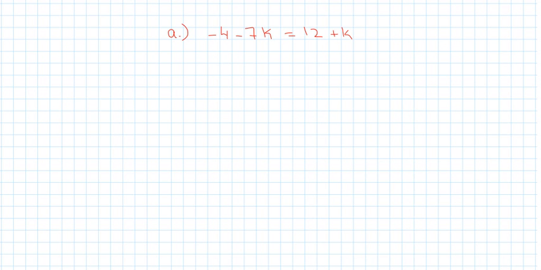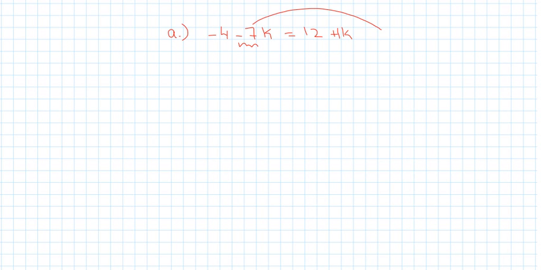Doesn't matter, right? What I usually like is to look at the coefficient, and the one with the higher value, I move them toward it. Okay? So in this case, I have a -7, and in this case, I have a 1. Which one is bigger, 1 or -7? 1 is bigger, right? So I move this over here.